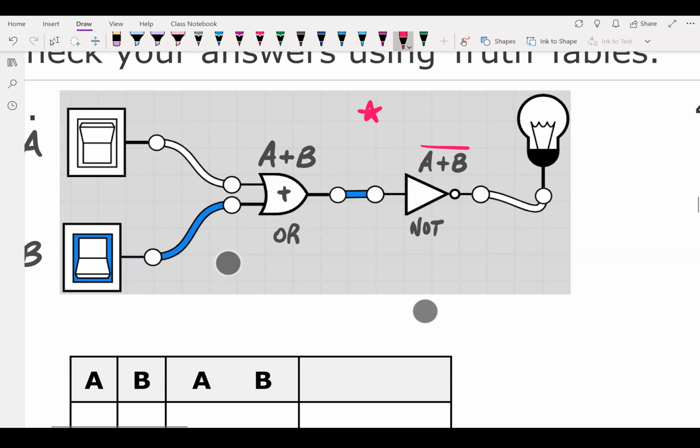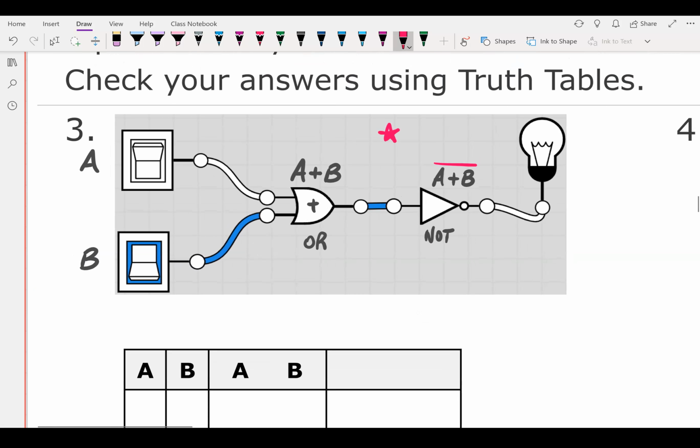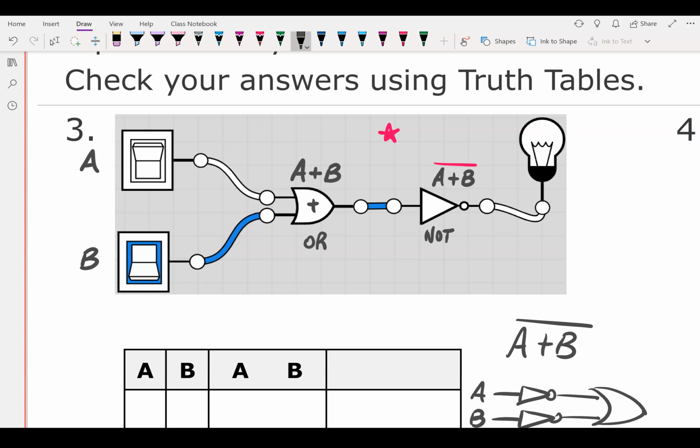You might not see that as a bit of a problem. That might not even seem confusing right now, but I have a lot of students that, when given A plus B negated and I ask them to draw the circuit, will take A and negate it, and take B and negate it, and put those both into an OR gate and think that that's A plus B all negated, and that's absolutely not what's happening. This would actually be negated A or negated B.